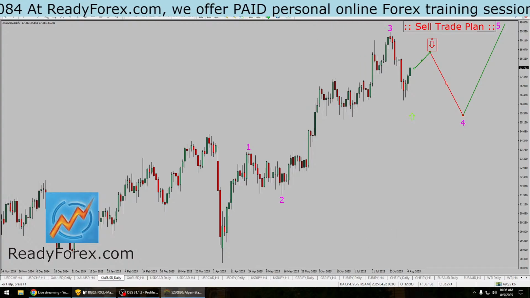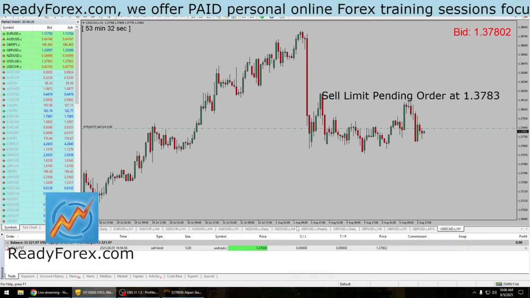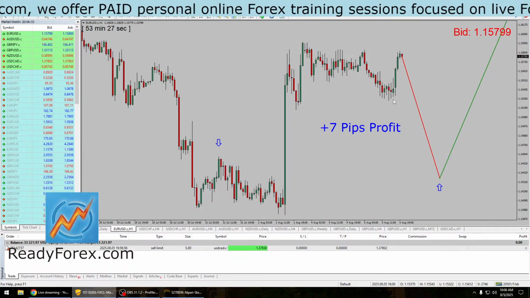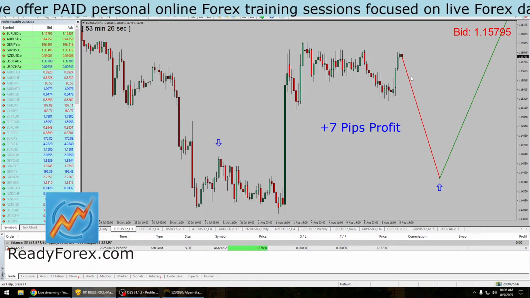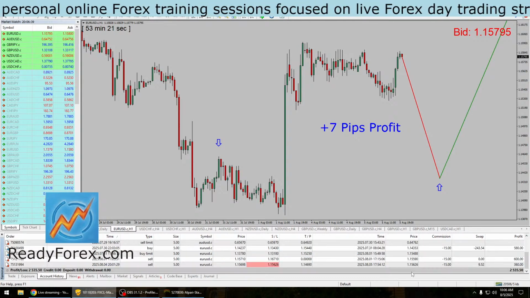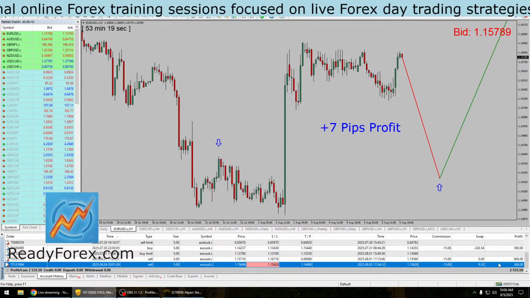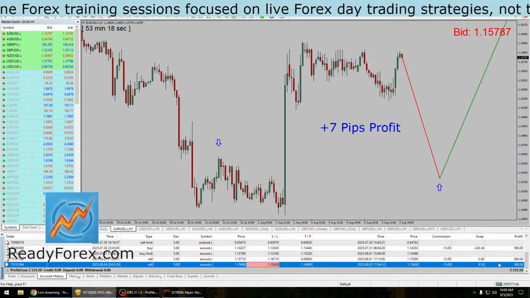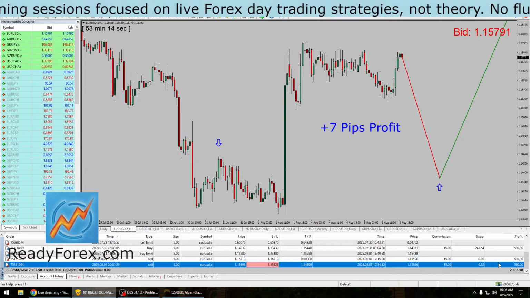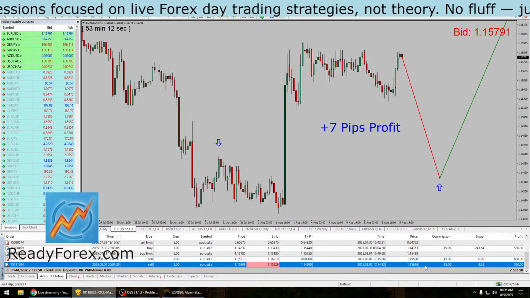Use trading strategies. Okay, and regarding the euro dollar trade, I was holding a sell in euro dollar. Market took out the protective stop, and the trade is now closed. I'm out of the market with a 7 pips profit inside euro versus United States dollar trading instrument.